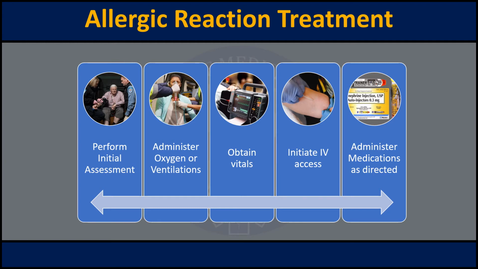The ideal medication would be albuterol 2.5 milligrams. Apply a cardiac monitor if available and obtain vital signs. Initiate IV access, remove the cause of the allergic reaction, and begin treatment of the patient as indicated by your SOPs or COGs depending on your level.